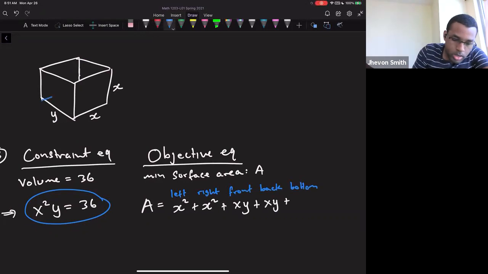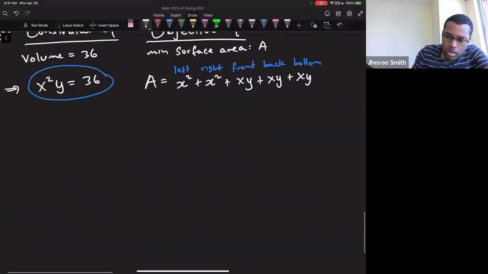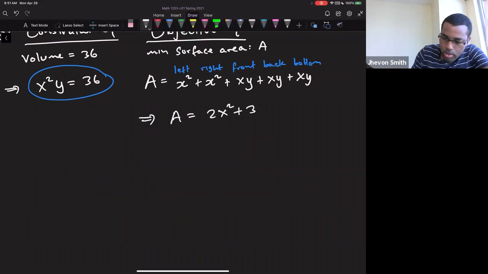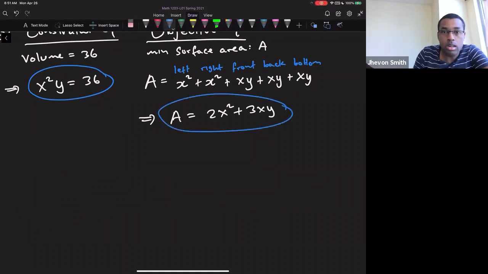And of course, the bottom is this part here. So that is also going to be xy. So what we have is our A, the area, is 2x squared plus 3xy. And that is our objective equation.